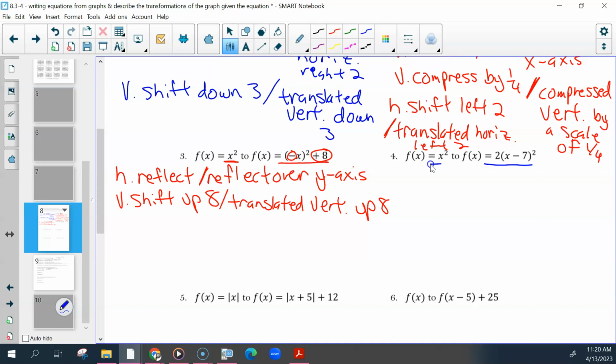Do you see anything different? Do they look the exact same? Come on, guys, wake up. -7. Okay. Anything else?